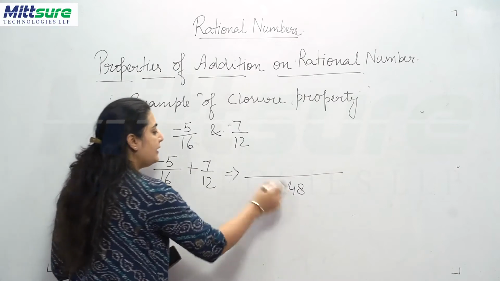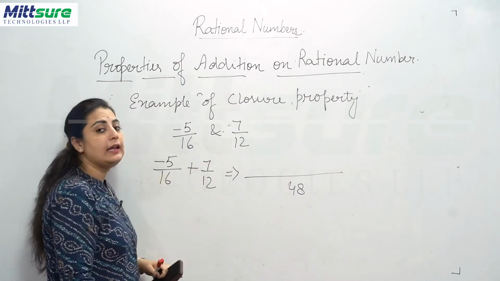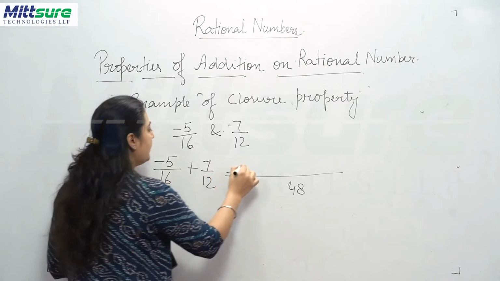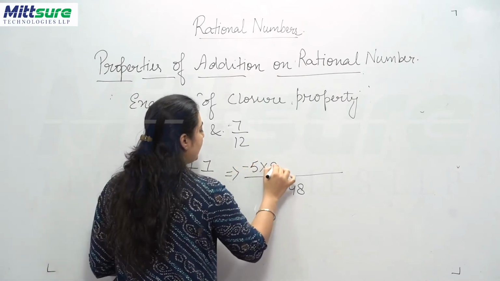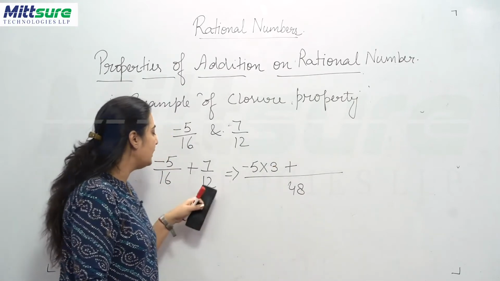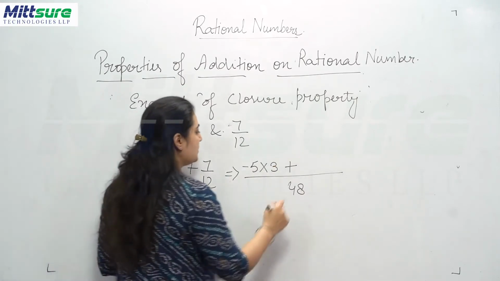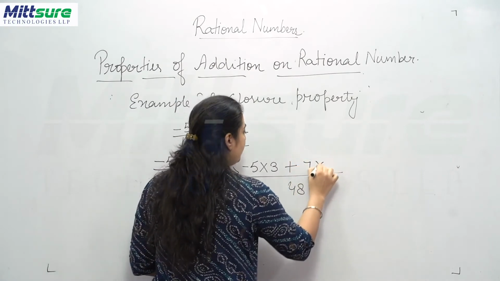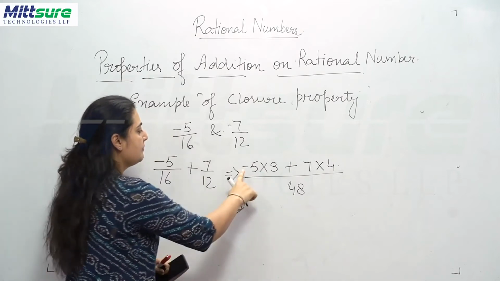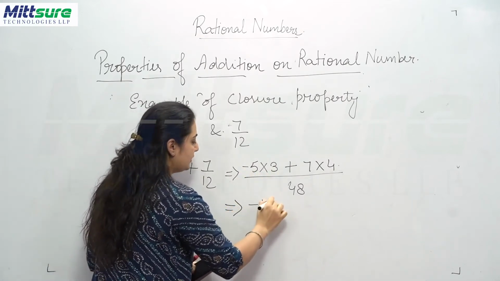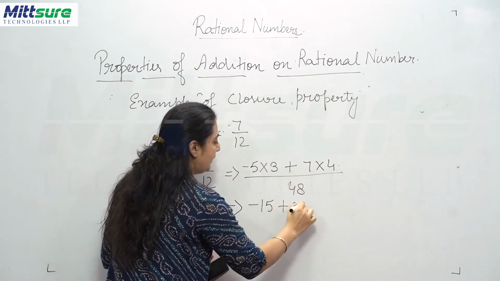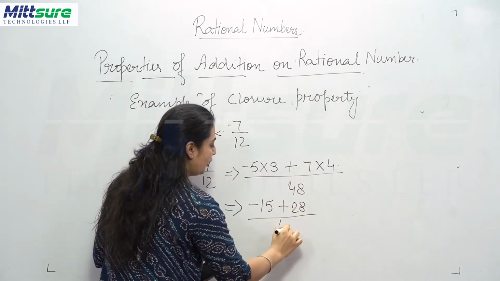Now, when I divide 48 by 16, it goes 3 times. So minus 5 is multiplied by 3. In the next case, when I divide 48 by 12, it goes 4 times. So 7 into 4. Then next step is minus 5 into 3, that is minus 15, plus 7 into 4, which is 28, upon 48.